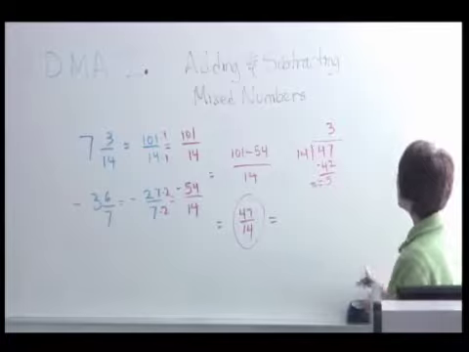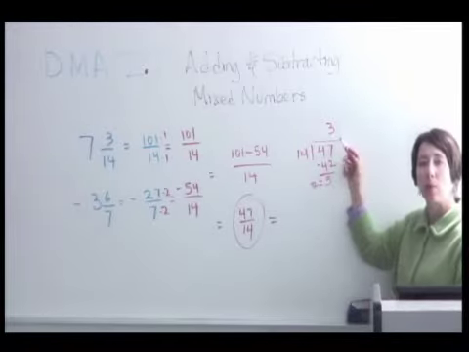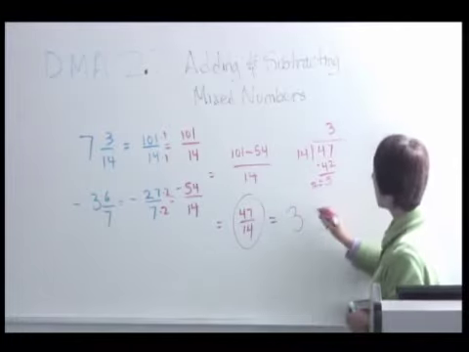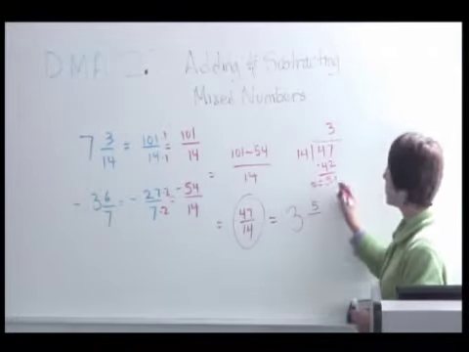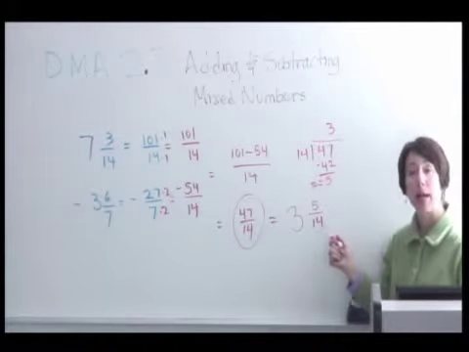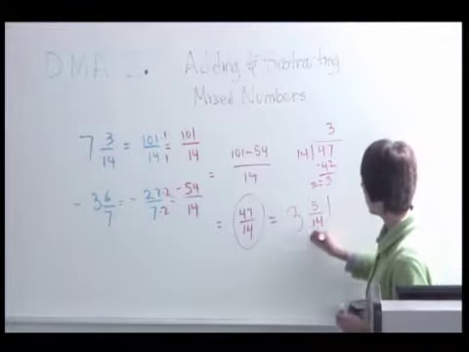Okay, so 3 is my quotient, which is my whole number. 5 is my remainder, which is my new numerator, and my denominator stays the same, and I cannot reduce this. So this is going to be my final answer.